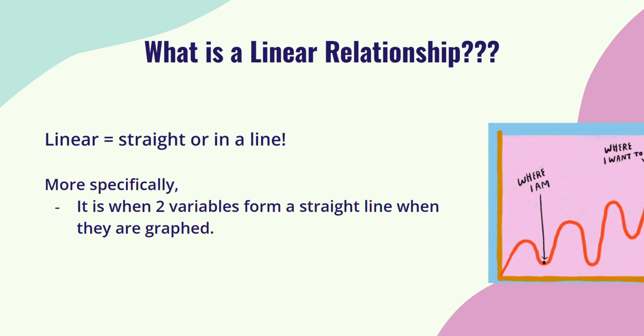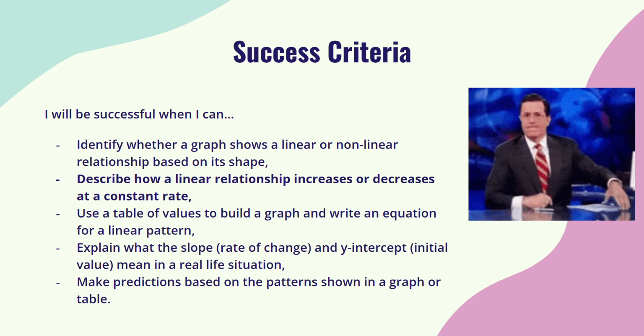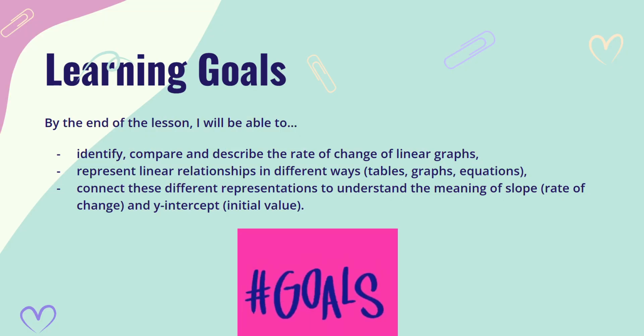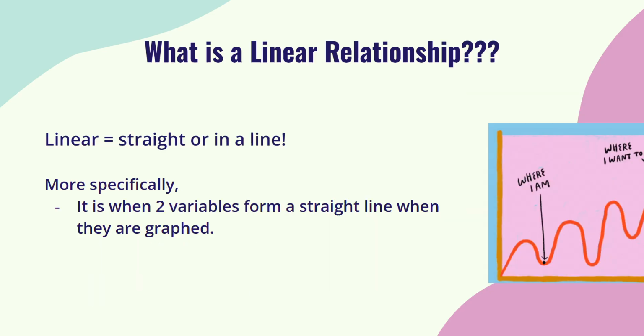But if you would like to take a look, those are the success criteria that are based on what our learning goals are. So if we take a look here, and as we talked about at the start, a linear relationship, or linear means straight or in a line. Well, it isn't as basic as that. It is when two variables form a straight line when they are graphed.